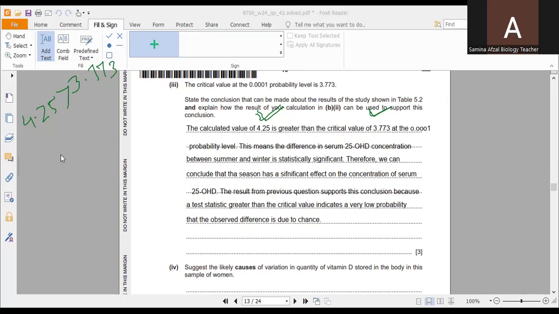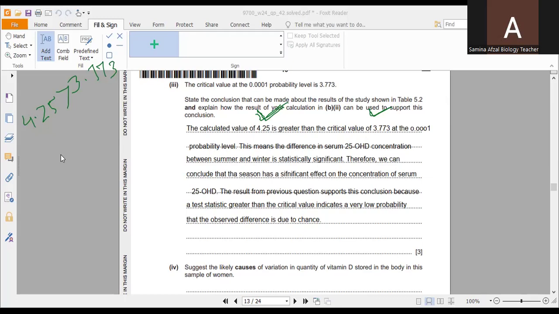So the critical value is used to make a conclusion in hypothesis testing, and our calculated result, 4.25, supports that conclusion. A very low probability level of 0.001 signifies the high standard of evidence required if we want to reject the null hypothesis.